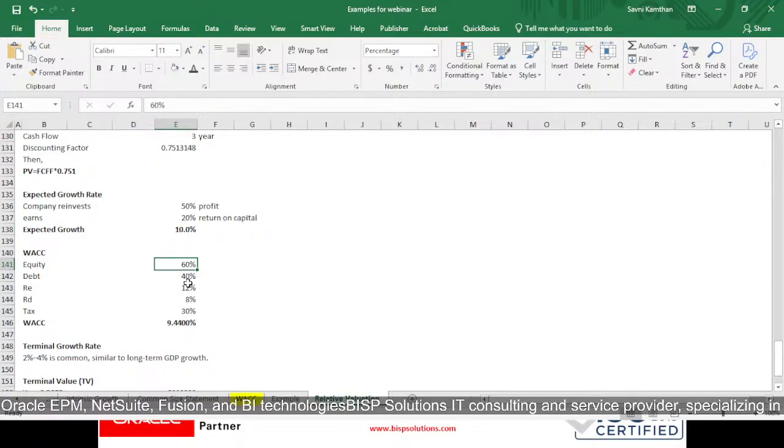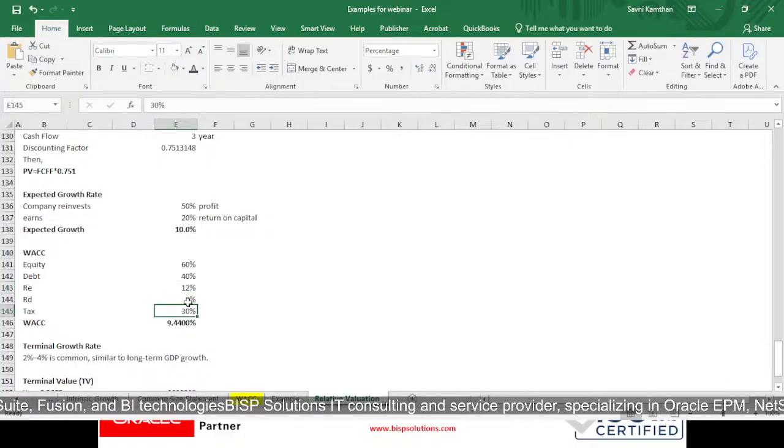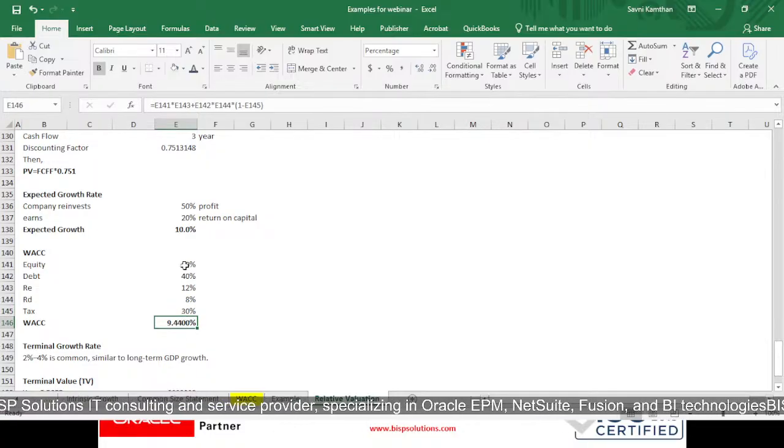Our equity is 60%, our debt is 40%, return on equity is 12%, return on debt is 8%, and tax rate we are having 30%. So how to calculate our WACC? We have calculated 60% into our rate of return on equity, plus we have taken 40% of debt into 8% return on debt, which will be multiplied by 1 minus tax rate.